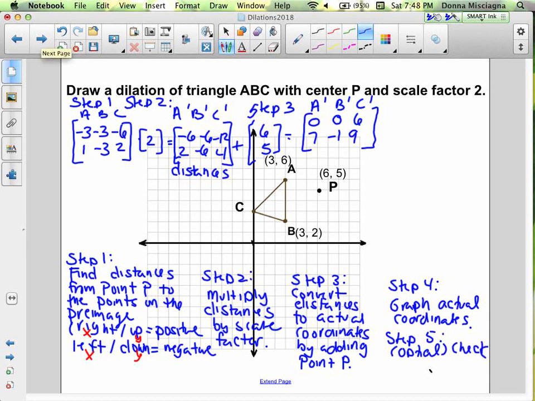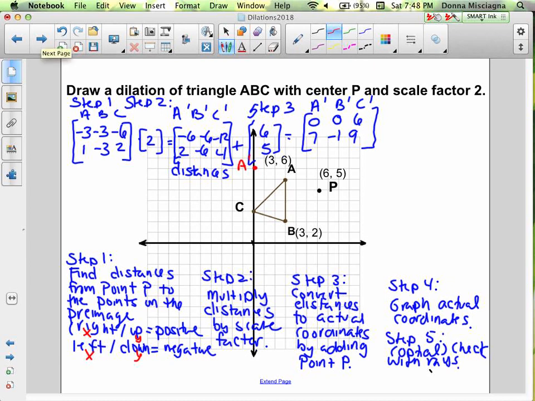Check, right? And that's going to be with the rays. All right, and so we'll graph 0, 7, 1, 2, 3, 4, 5, 6, 7. Just makes it. And that is A prime.